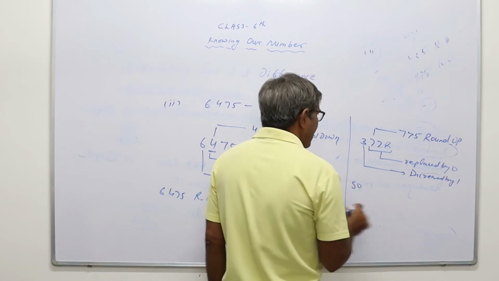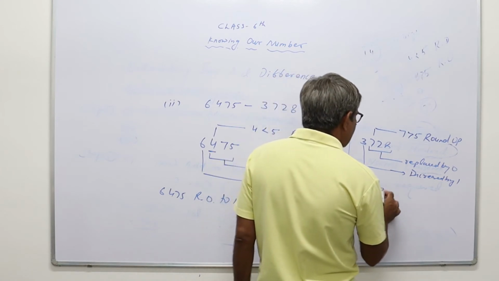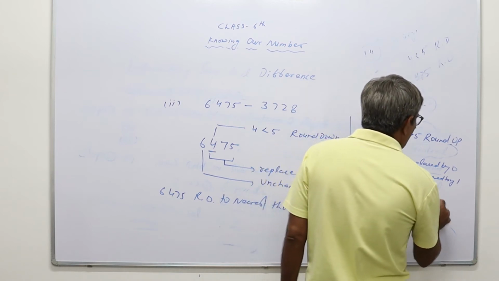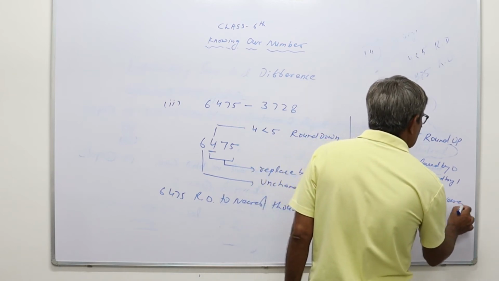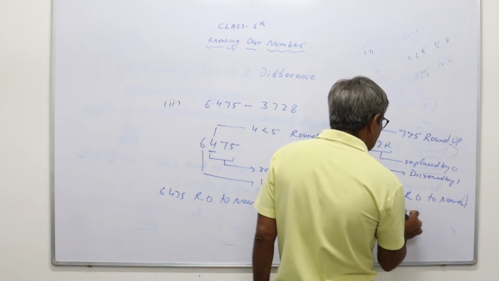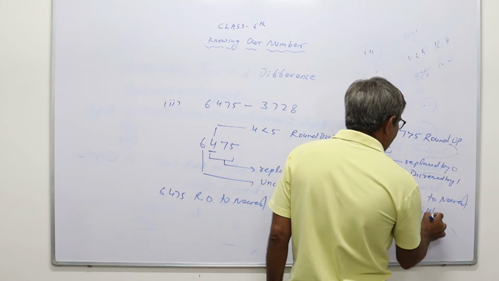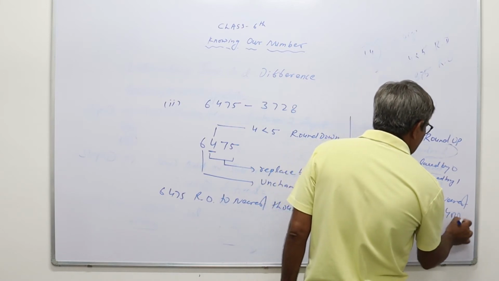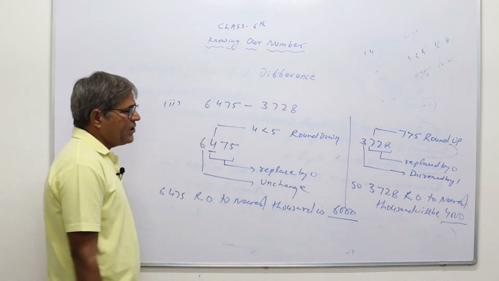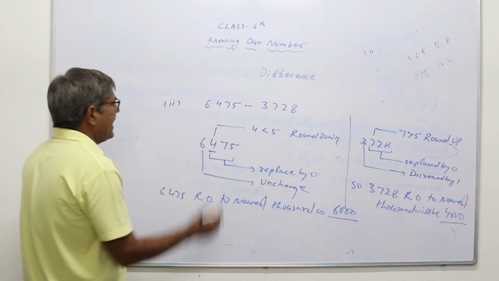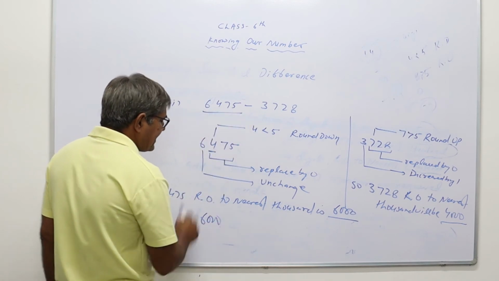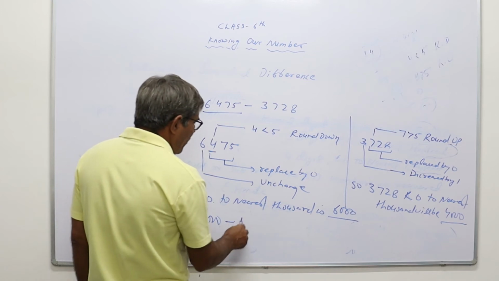So the number 3728 rounded up to nearest 1000 will be 4000. So these are the estimations of these two numbers. The estimation of the first number is 6000 and the second number estimation is 4000.